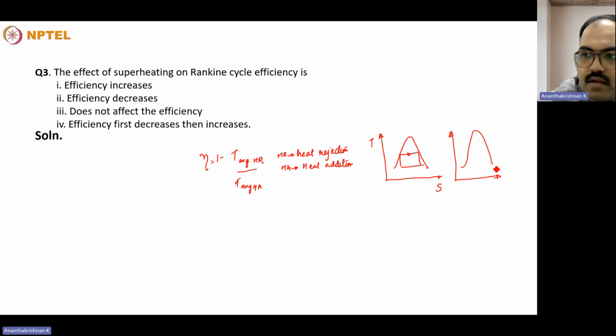Consider a case where we are providing the same heat. As you could see, as we move higher within the vapor dome, the enthalpy of vaporization term decreases.